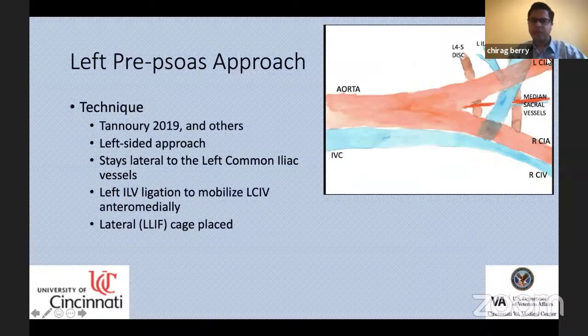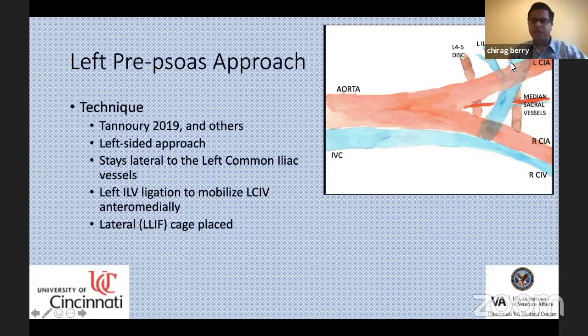So you're seeing your aorta, your left common iliac artery. The vein is partially behind the aorta. You obviously won't see it, but you imagine it. And this is the left common iliac vein that goes under the left common iliac artery and goes in this direction. This is the L4-5 disc. This is the L5-S1 disc.